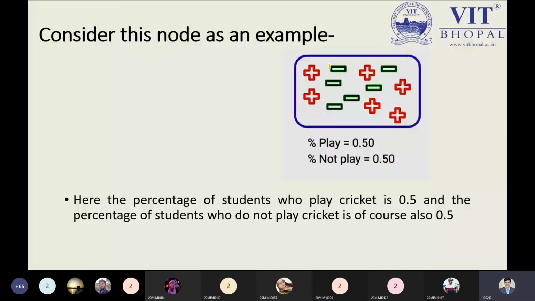Easily said, we have mixed data where we have 6 positive and 6 negative. So in total we have 50% of students who want to play cricket and 50% who do not want to play.